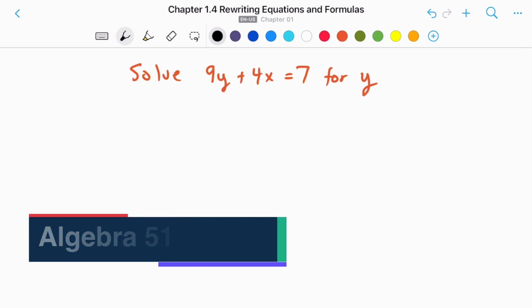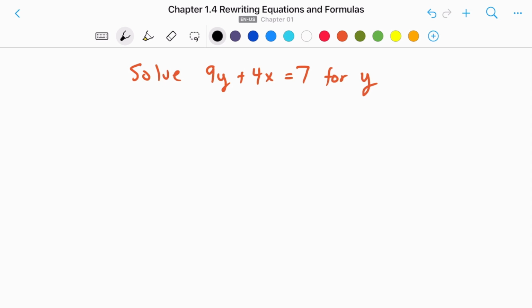And here in chapter 1.4, we're going to talk about rewriting equations and formulas. Before me you see an equation, and we're going to solve for y, which means everything that's not part of y will be over to the right, and it'll be something like y equals something x plus b.